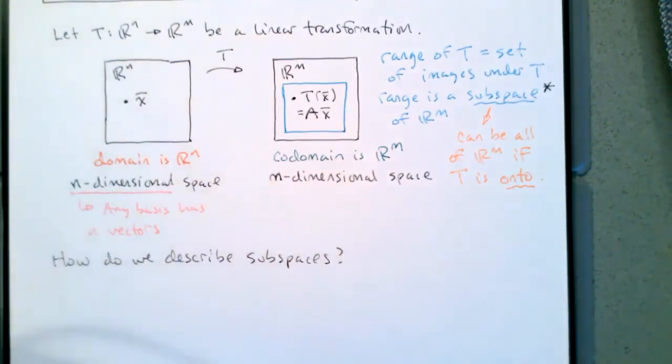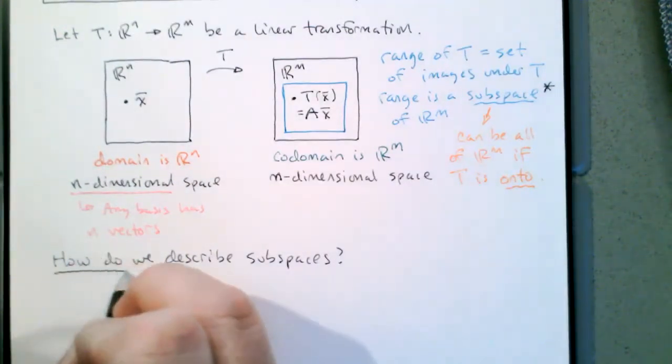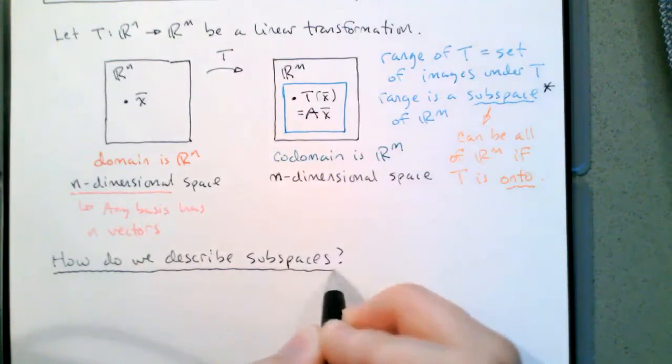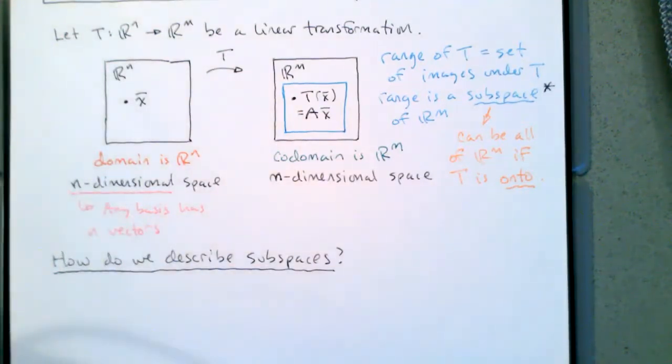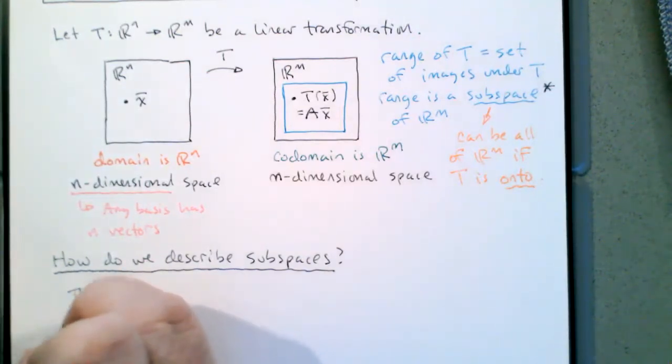So here's a big idea. How do we describe subspaces? To describe a subspace, we need to have a basis. The span of a set of vectors is always a subspace. So we always describe subspaces as the span of a set of vectors.